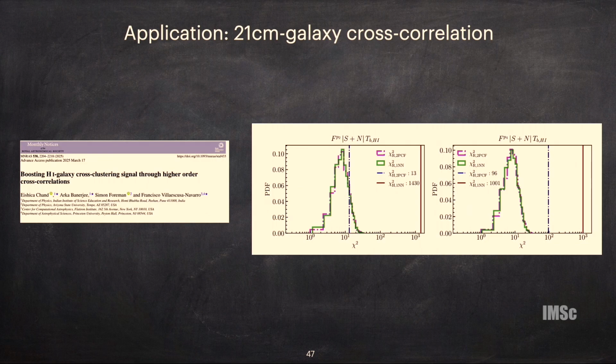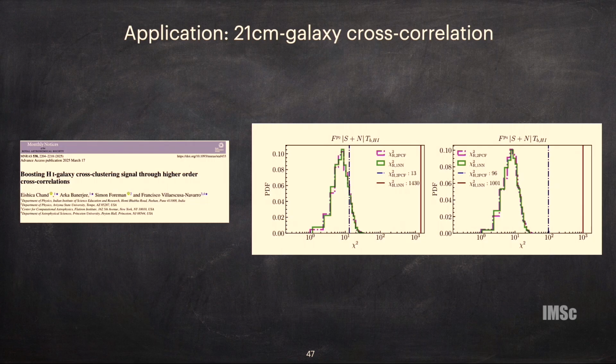compared to the 2-point function, sorry, my mistake. If you compare the signal to noise in the 2-point correlation function, which is here, the chi-square of the data lies within the null distribution. In other words, you get a very weak measurement of the cross correlation signal between CHIME and galaxies. If you use the nearest neighbor cross correlation method, this is the chi-square that you get.